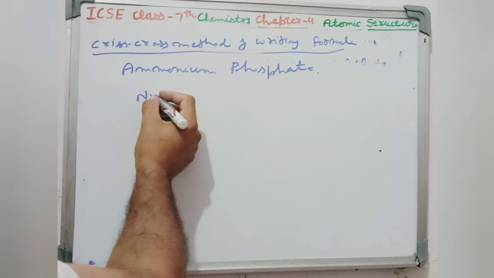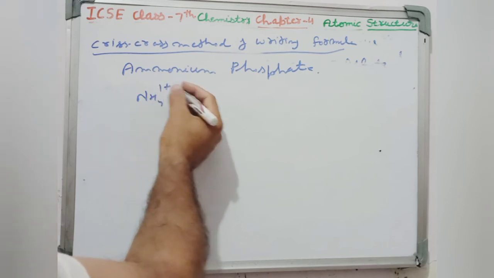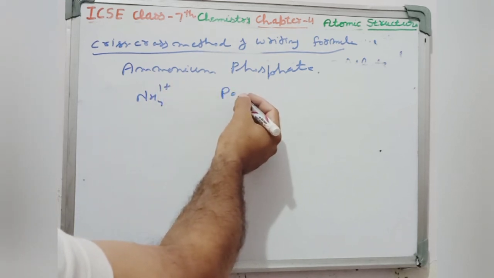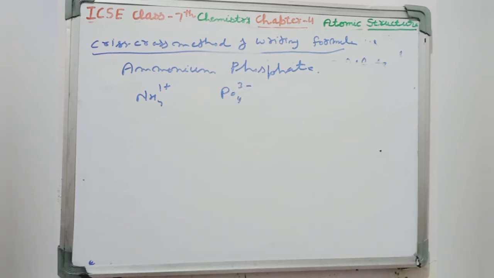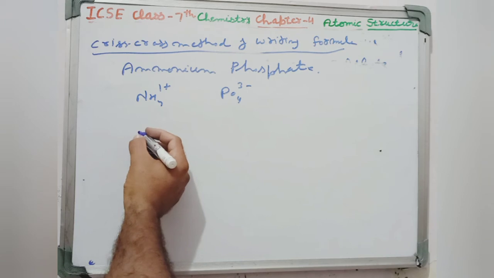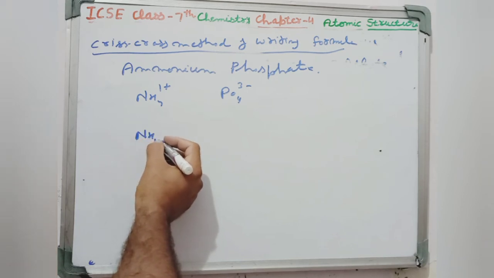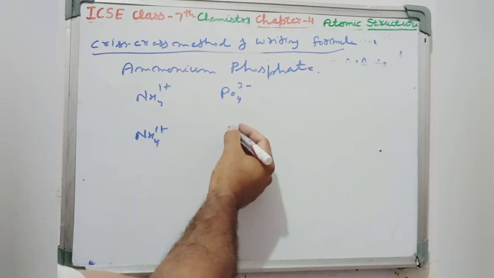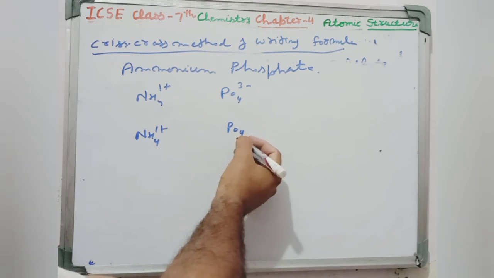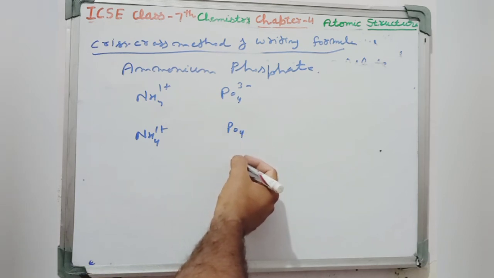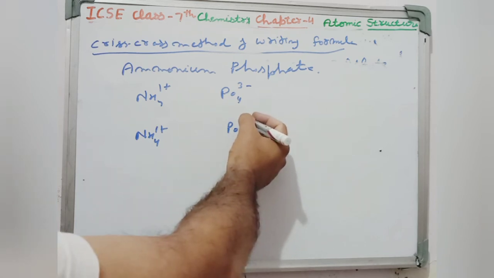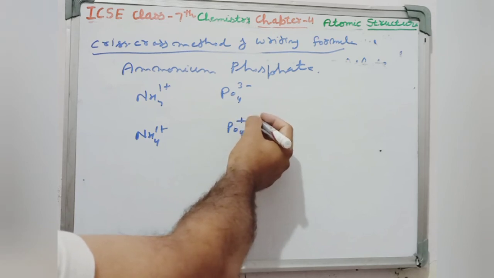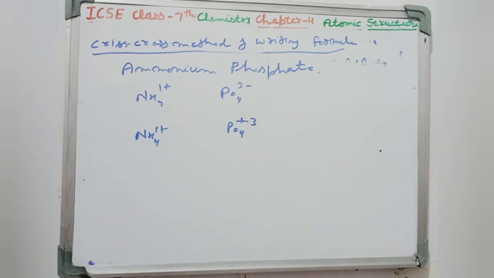The ammonium ion is NH4+ and phosphate is PO4 3-, right? Now next step, NH4+ and PO4 3-.